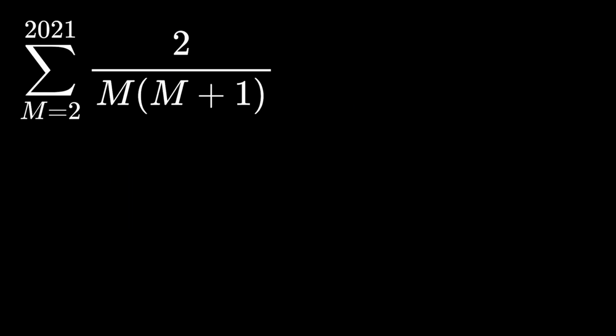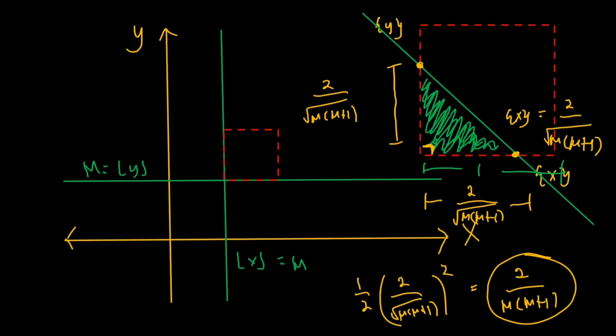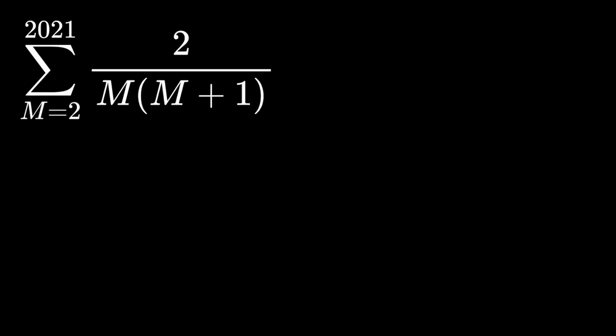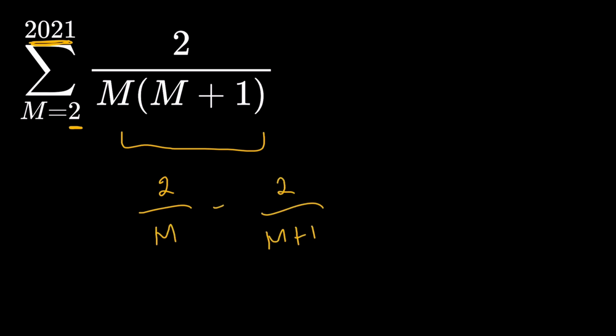Essentially, what I have to do is to consider this sum, because I'm just adding a bunch of right triangles for each value of m, from 2 until 2021. And this is actually just one of those telescoping series, because you guys could see here, I could write this part as 2 over m minus 2 over m plus 1. And essentially, I'm just taking the sum of this one from m equals 2 until 2021.